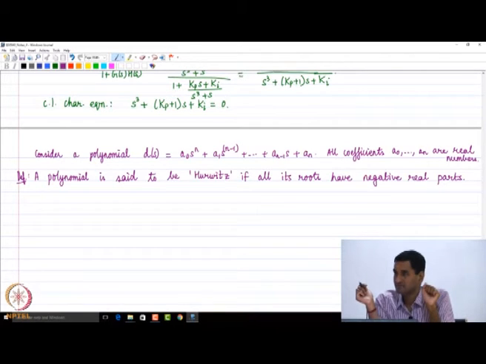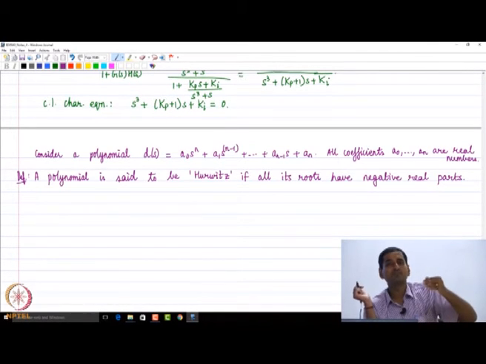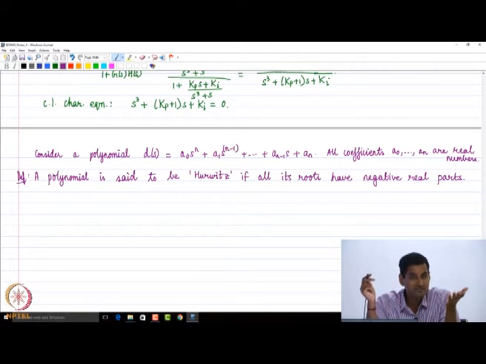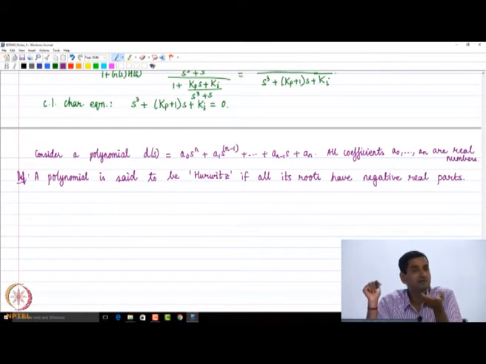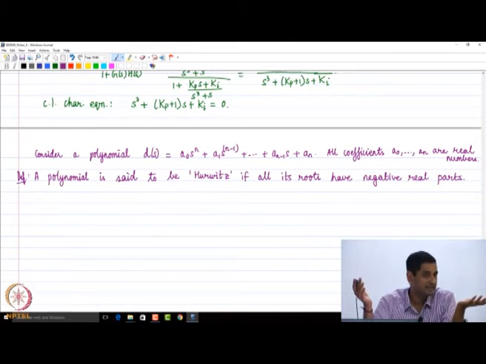Do you agree? Let me repeat it. 1 plus G(s)H(s) is the closed loop characteristic polynomial, which is the denominator polynomial of the closed loop transfer function. If I ensure that it is Hurwitz, then by the definition of a Hurwitz polynomial, all the roots of the closed loop characteristic polynomial will be in the left half of the complex plane.